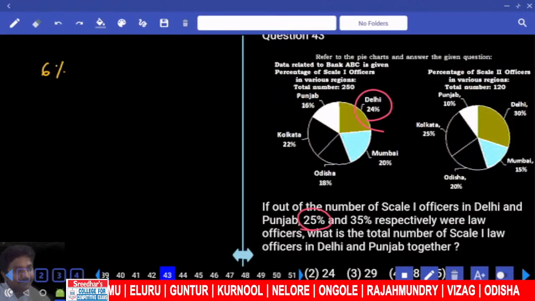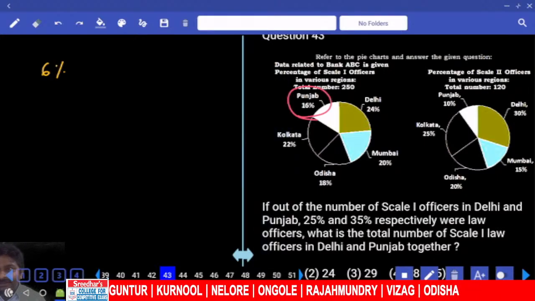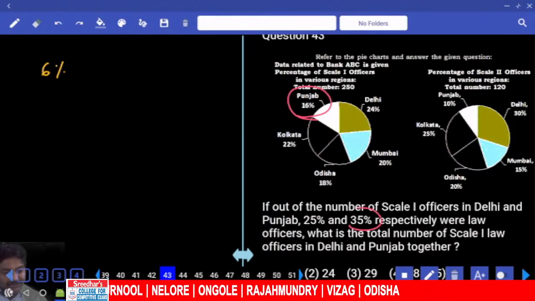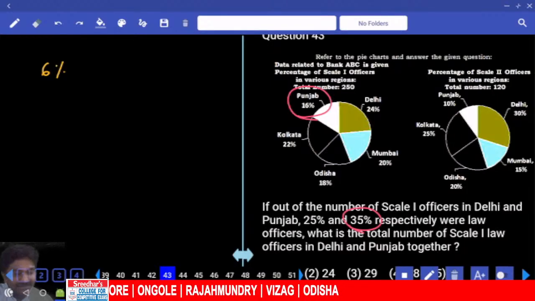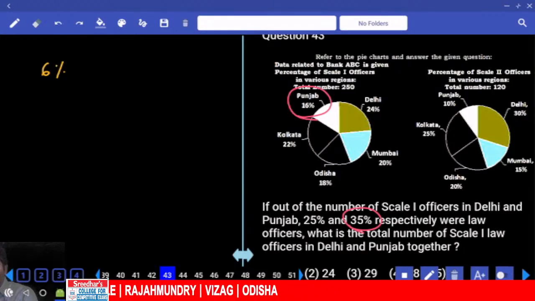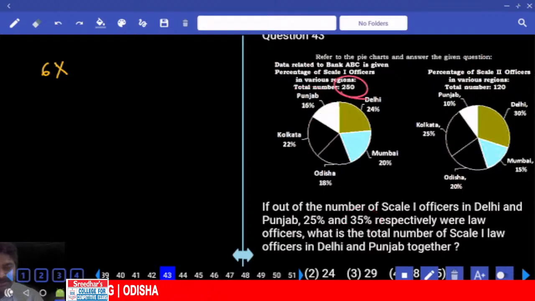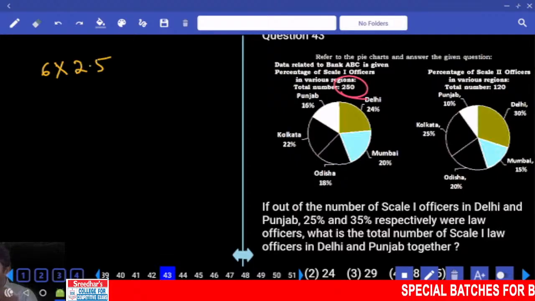And then Punjab, 16%. Out of which what percentage are law officers? 35%. Okay, now let me calculate. 6%, 6 into, what is 1% value? 2.5. Okay, Delhi is over.